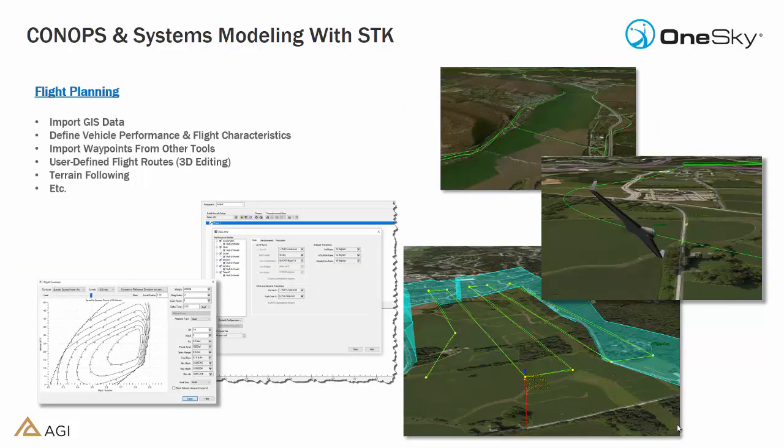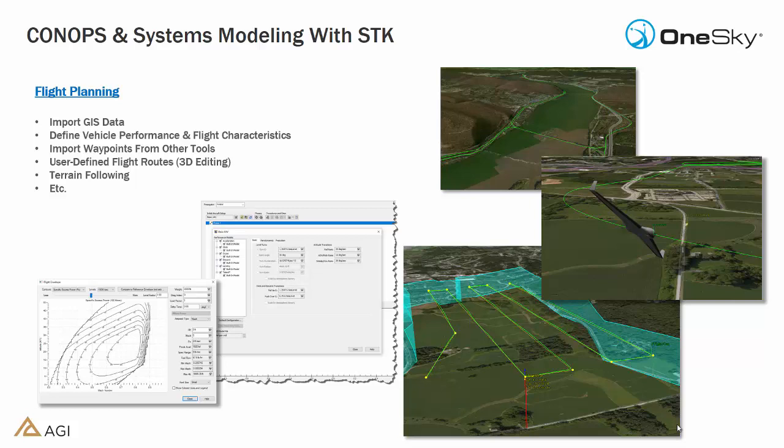And moving on to flight planning. Bringing in things like geospatial information that you might be using to create your flight plan, very advanced vehicle performance capabilities, modeling the flight characteristics of the platform itself. You can import waypoints or a flight route from other tools, or you can define them within STK.